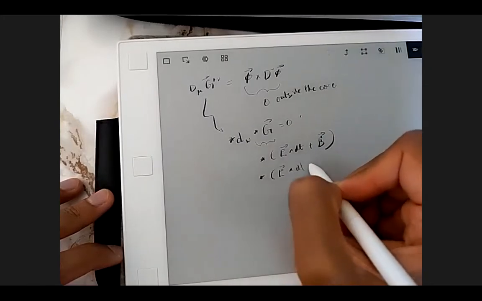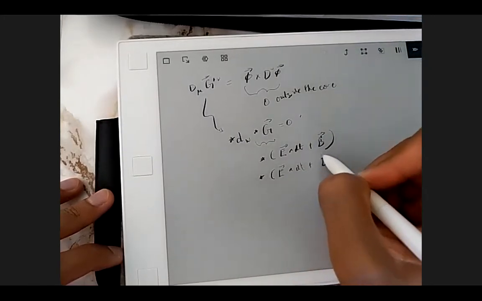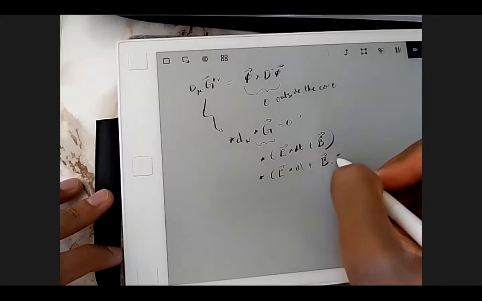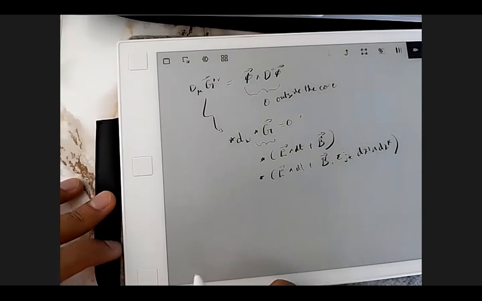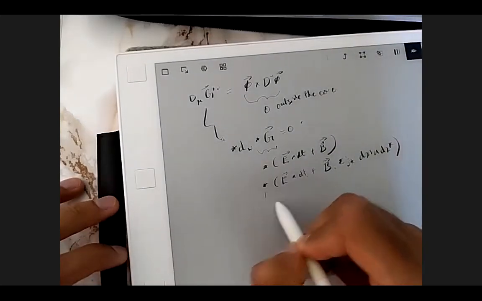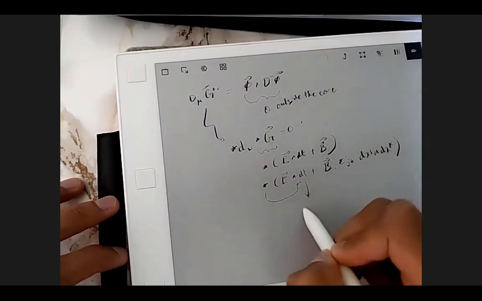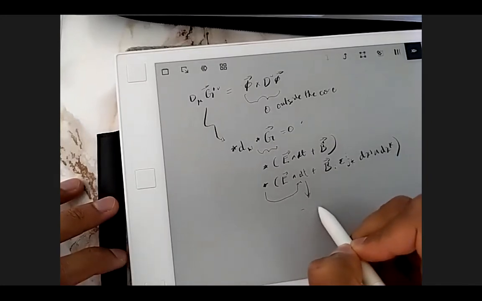E dt plus... cool. And so this will take you to minus of epsilon 0.